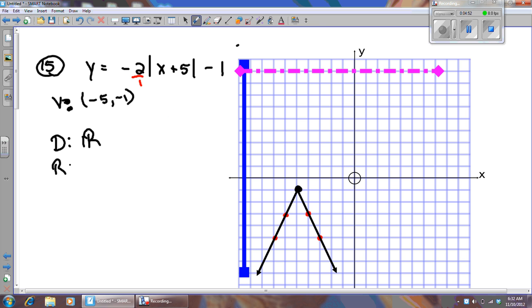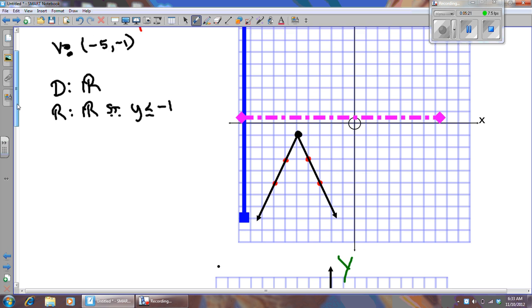All right, the range, magenta one. Look at this. I'm not hitting the V anywhere up here. I don't hit the V until y turns into -1, and then I hit it forever as y gets smaller and smaller. So my range is all real numbers such that y is less than or equal to -1.